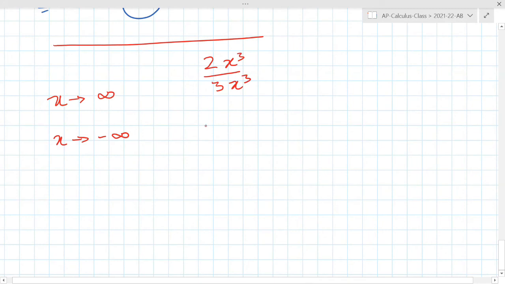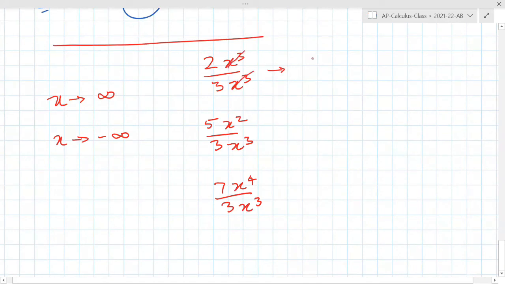Something like that. Or you may get 5x squared over 3x cubed, right? Or you may get 7x^4 over 3x cubed, right? It could be anything like that, correct? This will cancel out. So 2 over 3.